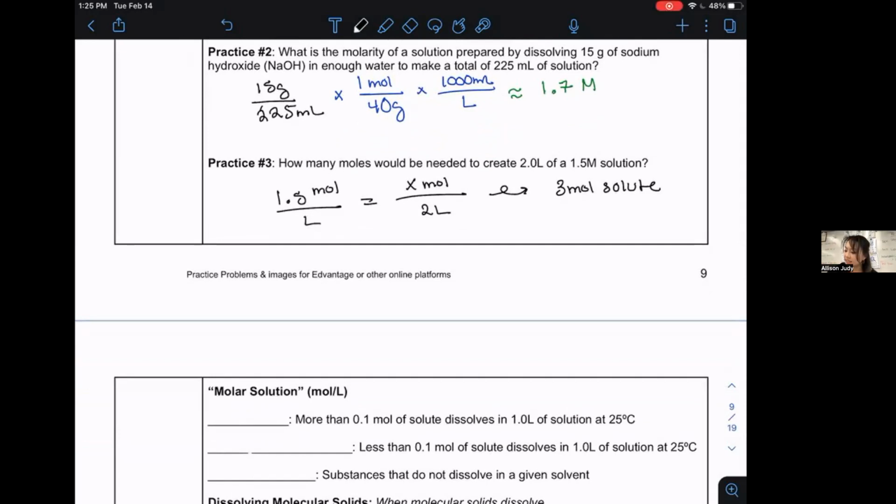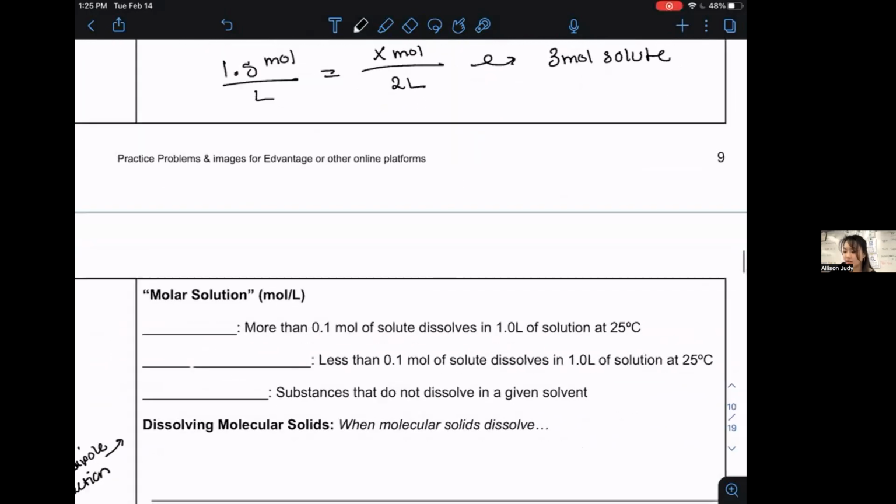Generally speaking, we call a substance that has more than 0.1 mole of solute dissolve in 1 liter generally soluble. We're looking at ranges. If it has a molar solubility value around this, it's soluble. If we have less than 0.1 moles of solute dissolve, we have low solubility.